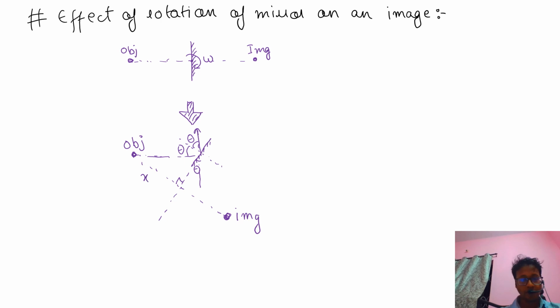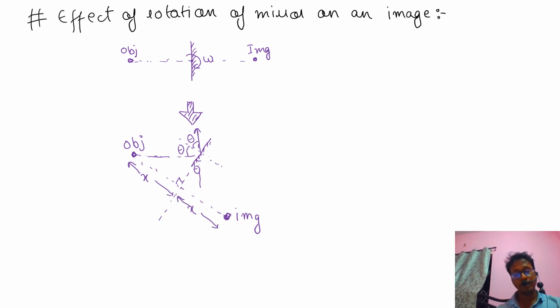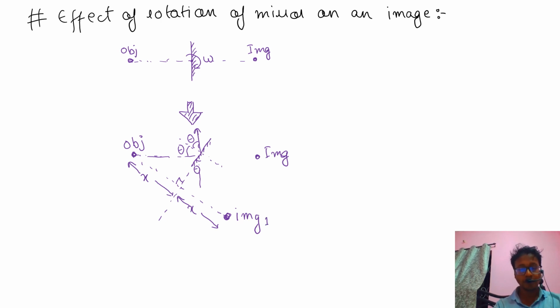Let me see if this is x distance from the object or x distance from the mirror. The image should also be x distance from the mirror. Now the problem is I'm rotating the mirror by theta degree clockwise, so the normal rotated by theta degree clockwise. The initial image was out here, and this is the image final, or image 1. How much did this image rotate by?